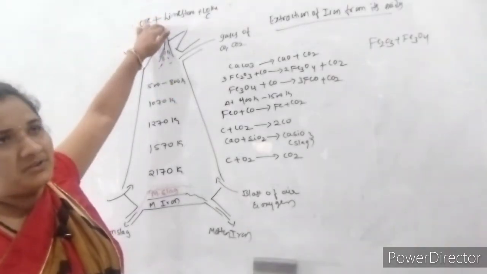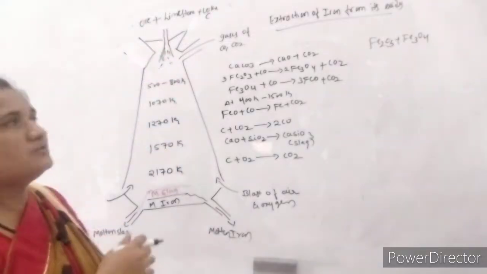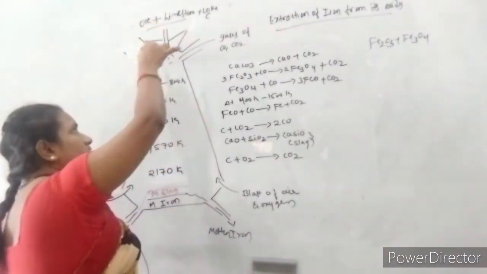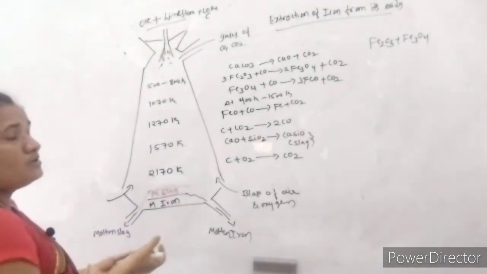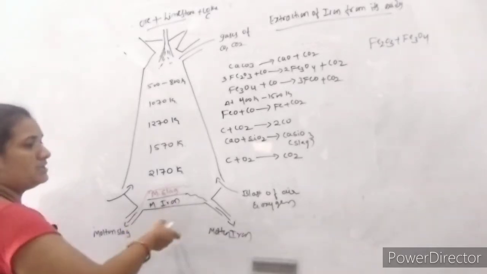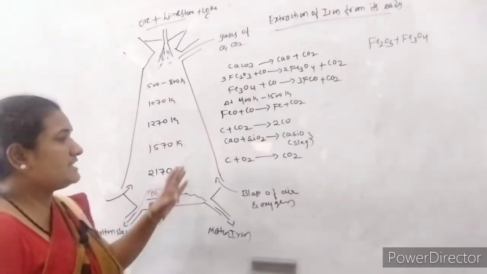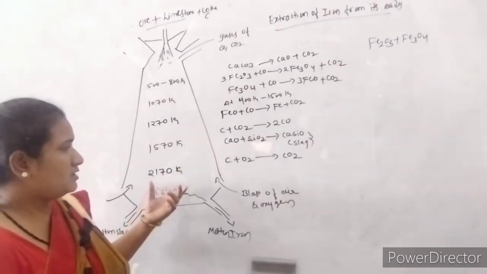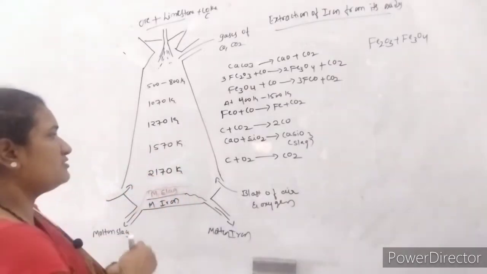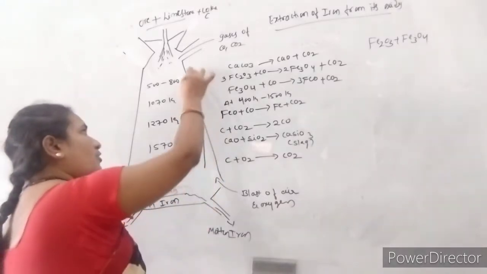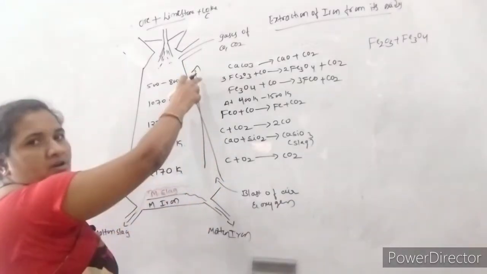From the top of the furnace we put this mixture in. The reactions take place at the bottom side of the furnace, and the reaction goes from bottom to top, that is from downward to upward.